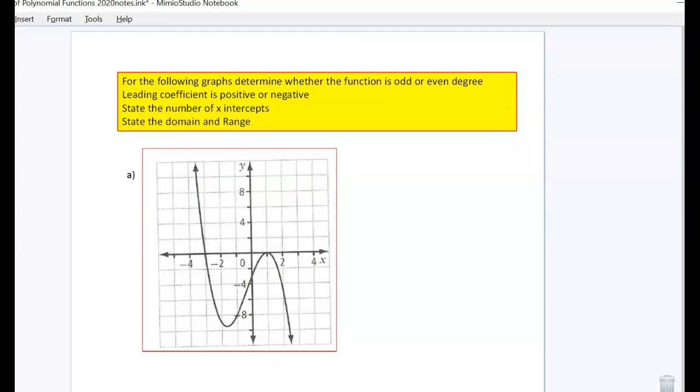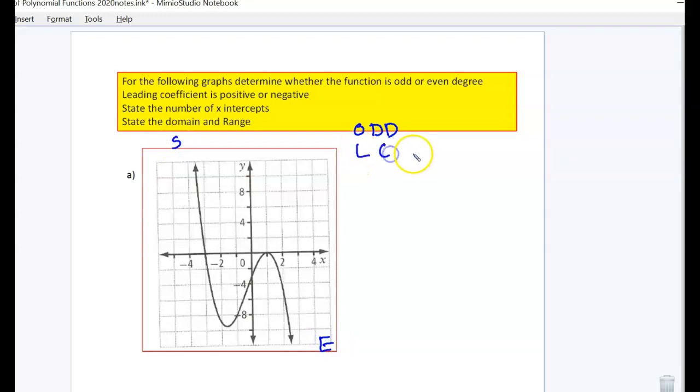So for the following questions now, we want to determine whether the degree of the function is even or odd, whether the leading coefficient is positive or negative, and state the number of x-intercepts and state the domain and the range. Okay, so first of all, this is an odd degree polynomial. So we know it's odd because it starts in quadrant 2 and it ends in quadrant 4.